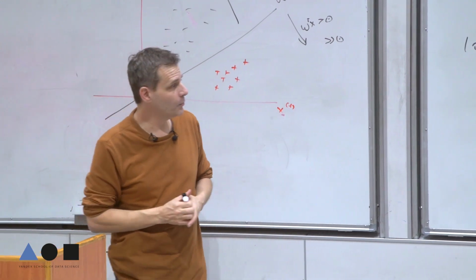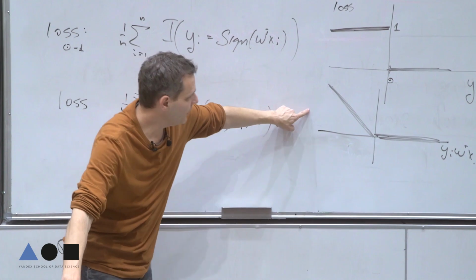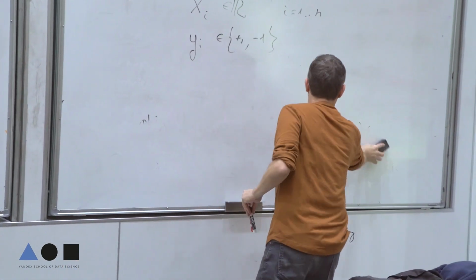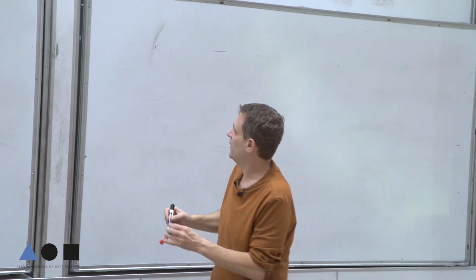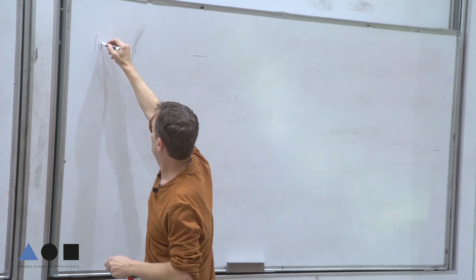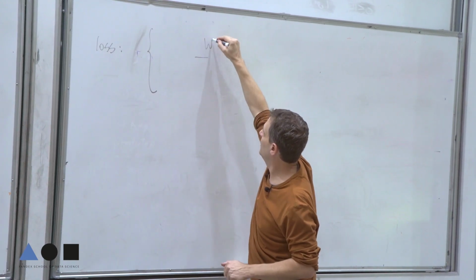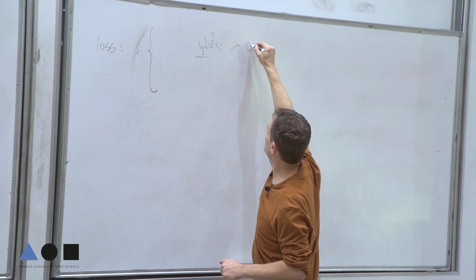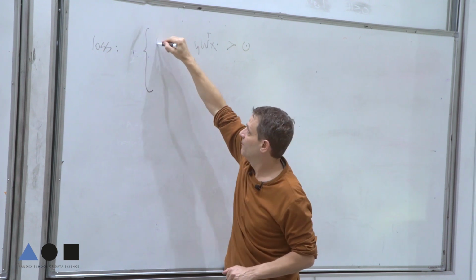So if this is the loss, let's compute the gradient. But first, let's write this loss more formally. If yi w transpose xi is larger than 0, then the loss is 0.